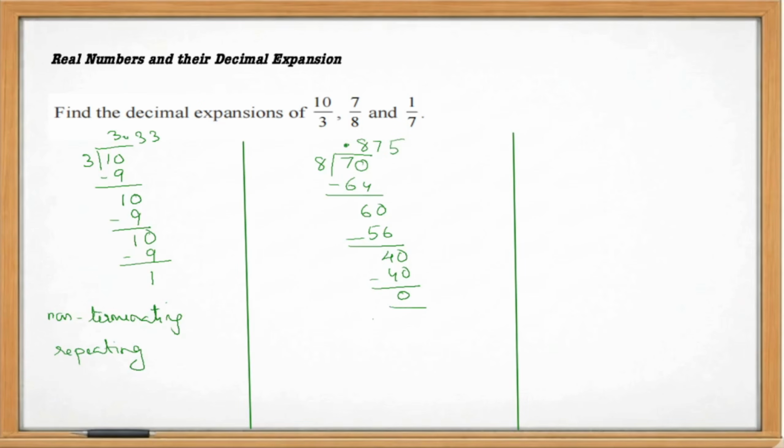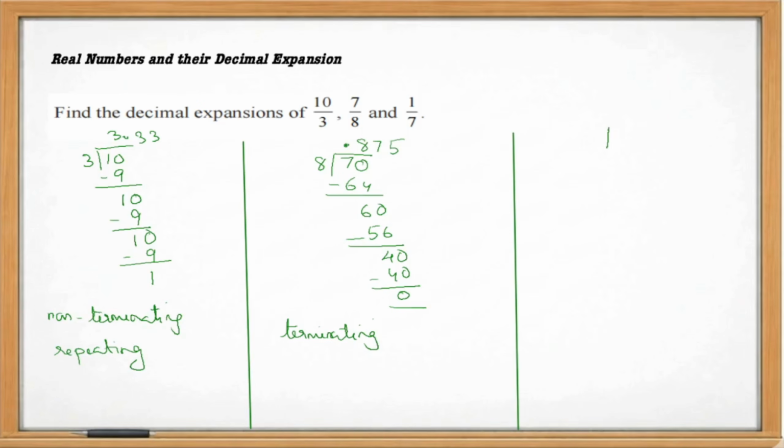The remainder becomes 0 and it stops. So this type of decimal expansion is known as terminating decimal expansion. Okay, it's terminating. It stops when the remainder becomes 0.